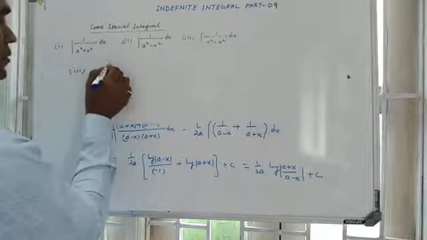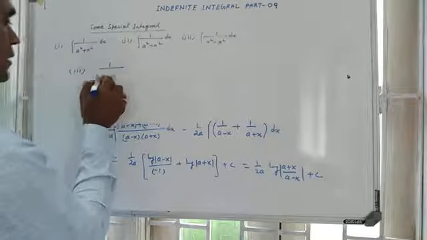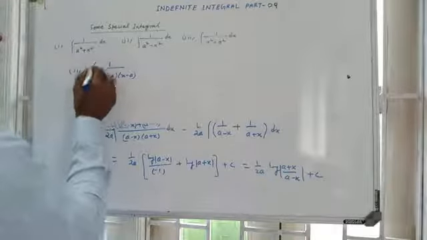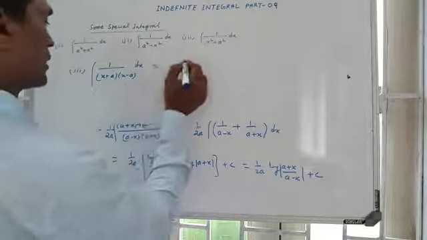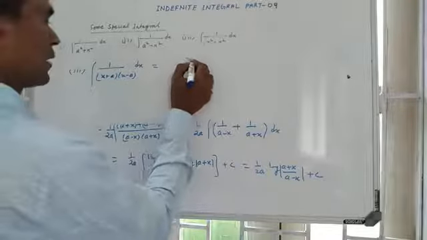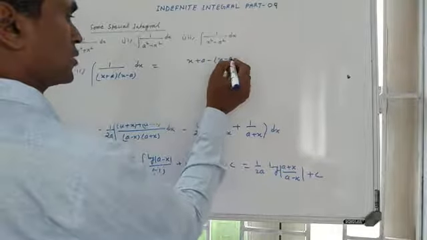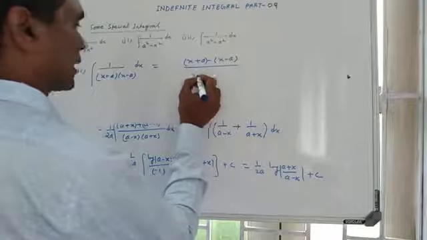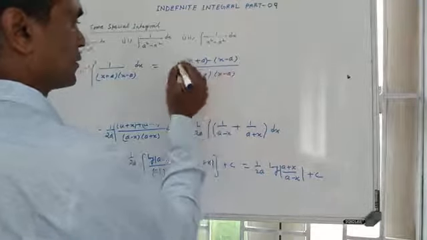When you factorize, x plus a and x minus a. So x plus a minus x minus a, over x plus a and x minus a.